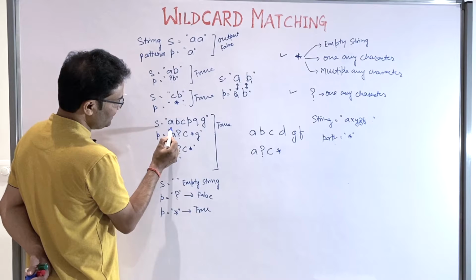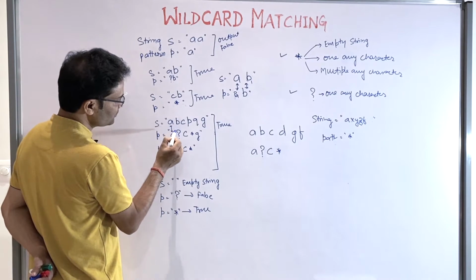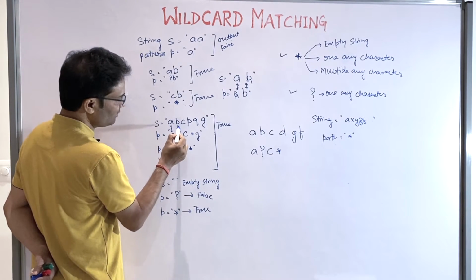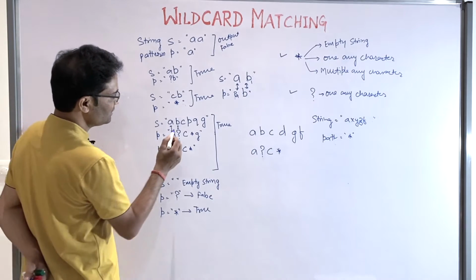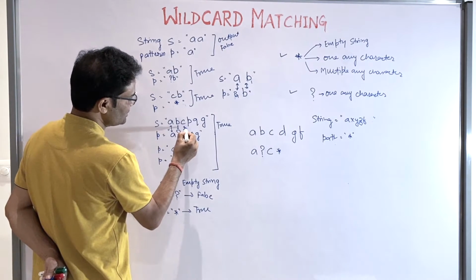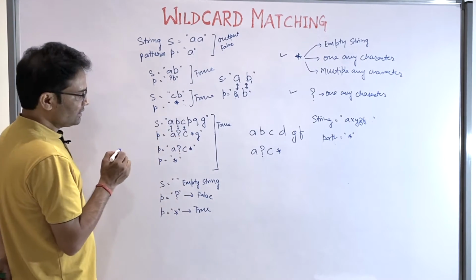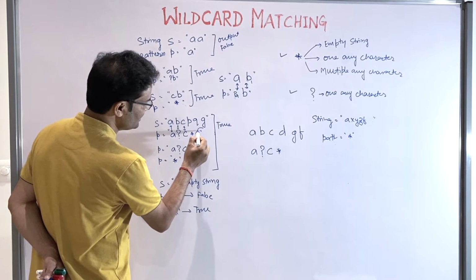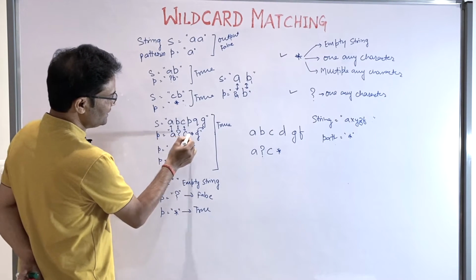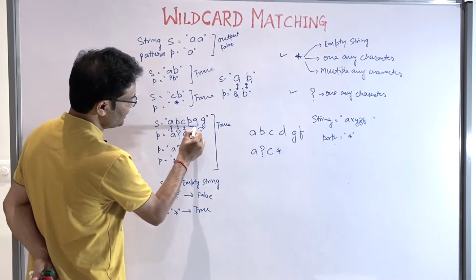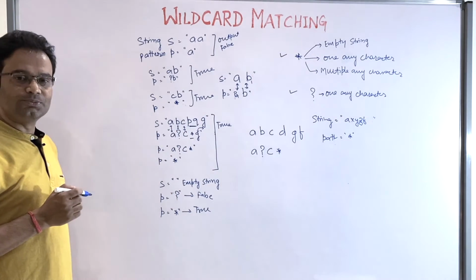Of course A will match with A, B will match with the question mark, which can represent any character, C of course matches with C, and G matches G, then star can represent P and Q, and you can say this is true.